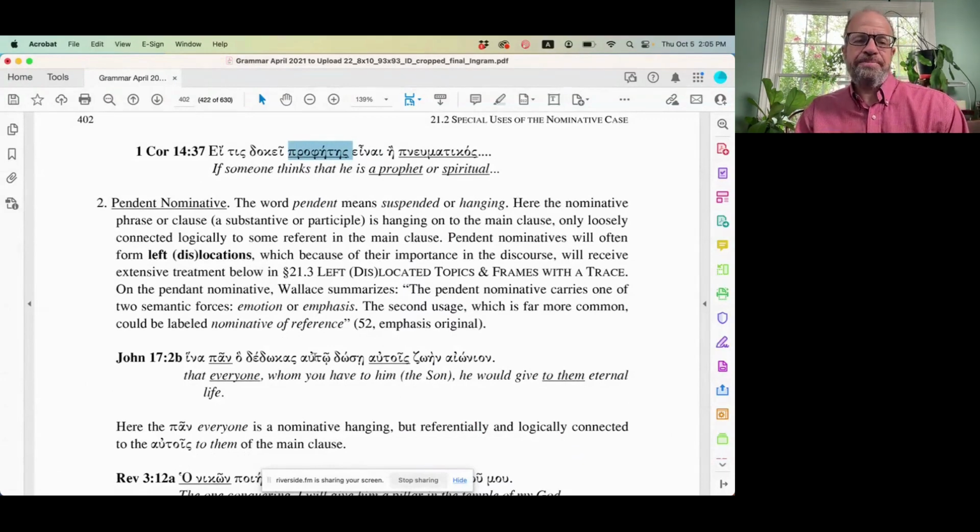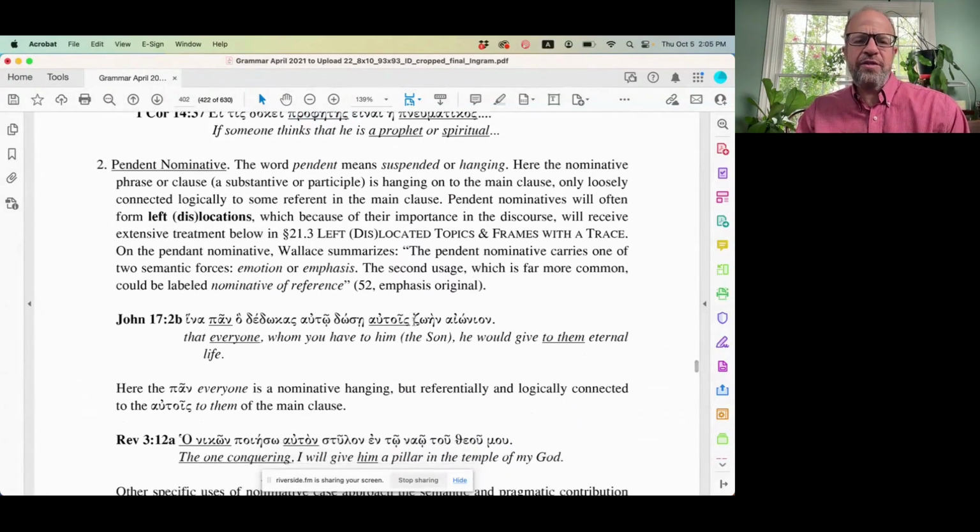Another use of the nominative is like a suspended clause. There's this condition or situation where you have what's called a pendant or suspended nominative. This is when some entity is pulled forward out of its clause and kind of hanging there.